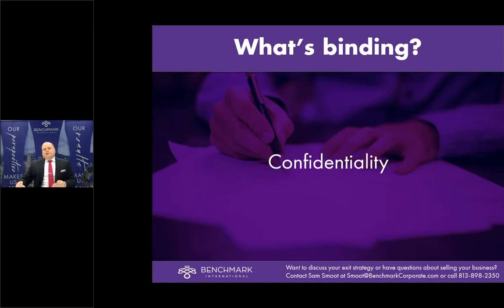Buyers won't give away the family jewels just to read an information memorandum. So by necessity, they have to be a bit weaker. Now you're getting ready to show them the family jewels. So now they should be willing to stick their neck out a bit further and agree to a stronger form of confidentiality. So there should be a good, strong mutual confidentiality binding clause in that letter of intent.